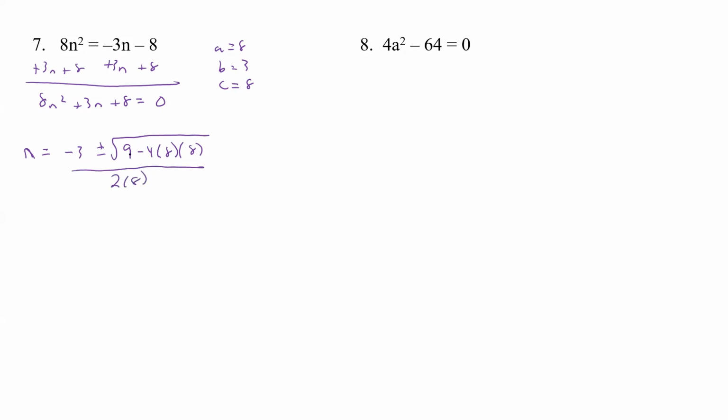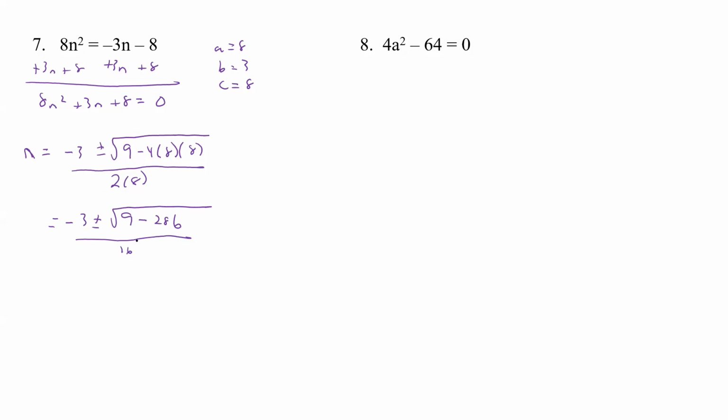Okay. All right, so 8 times 8 is 64 times 4, so that looks like about 286. So that gives us -3 plus or minus the square root of 9, and now it's going to be minus 286, and then divided by 16.